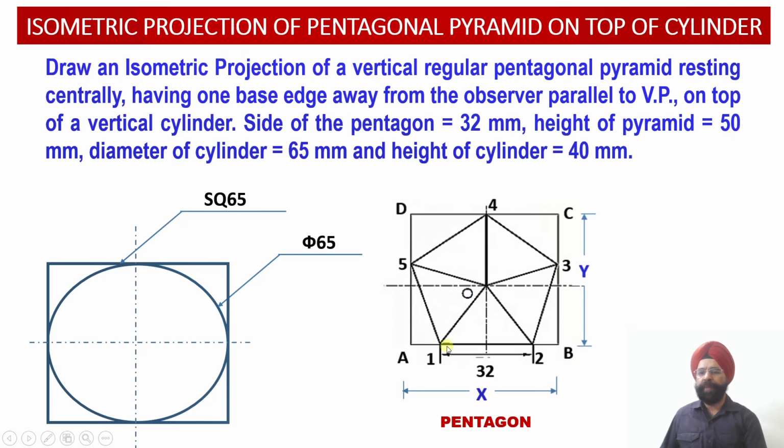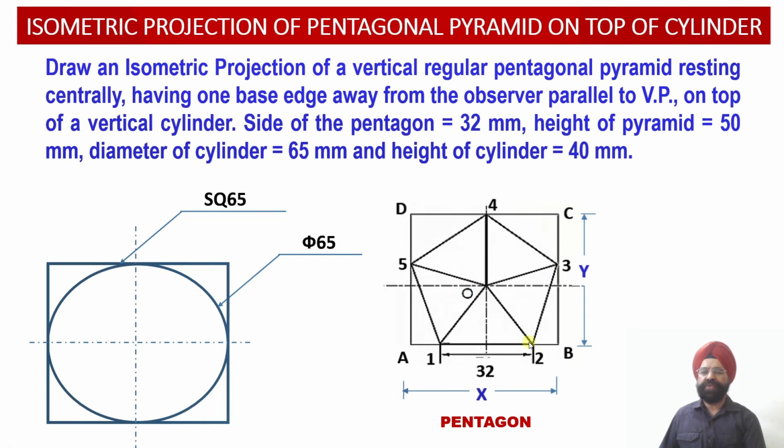Now when we are talking about this edge, that is edge 1, 2, this edge should be drawn away from the observer. That is, this corner 4 will be facing the observer and this edge 1, 2 will be drawn farthest away from the observer. And another condition is that this edge 1, 2 should be drawn parallel to the vertical plane.